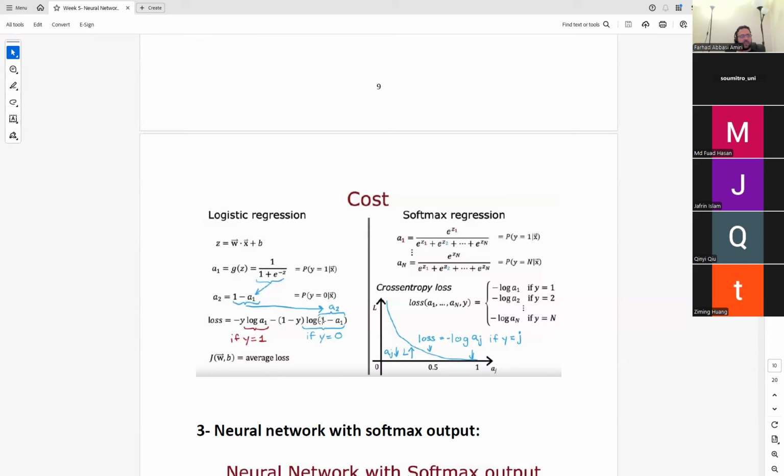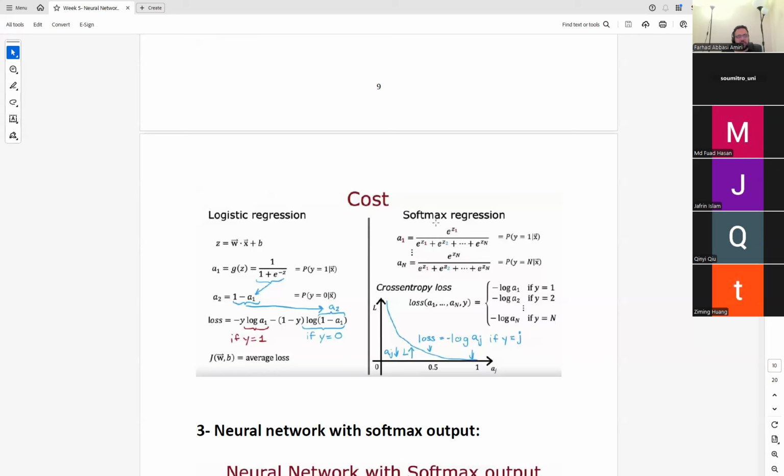And this is log of 1 minus a1 here. This shows the probability of y not being 1, or y equal to 0. And then for the cost function J, you remember you get the average of the loss function.